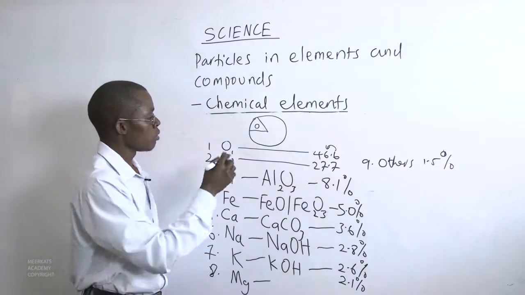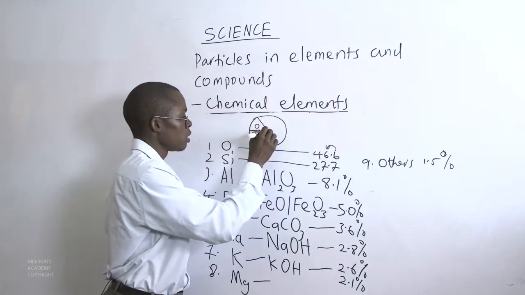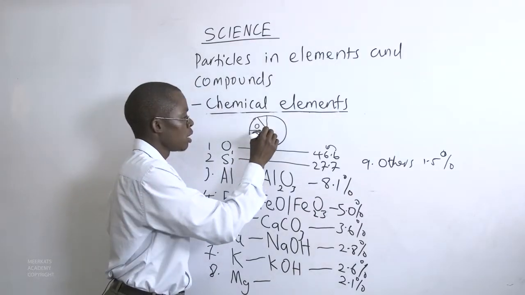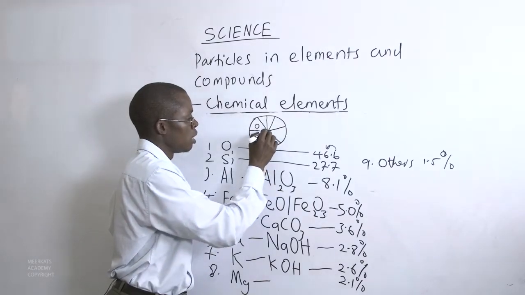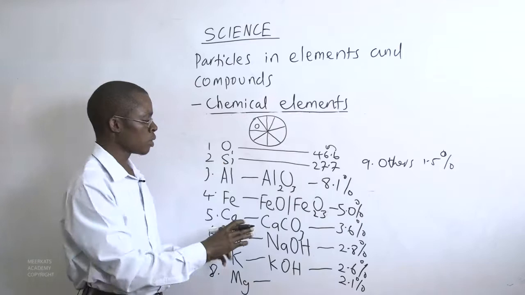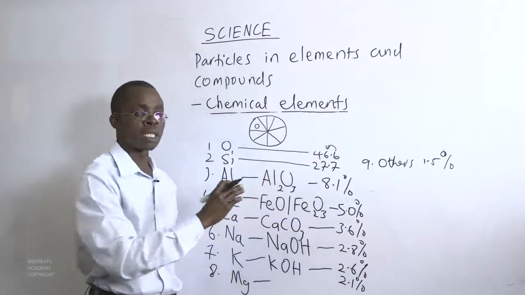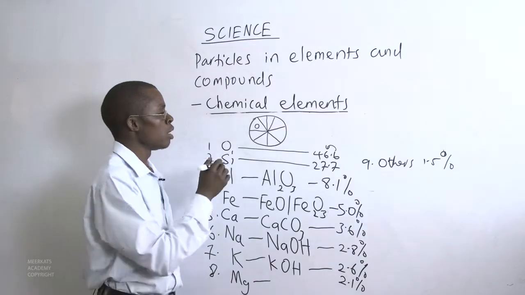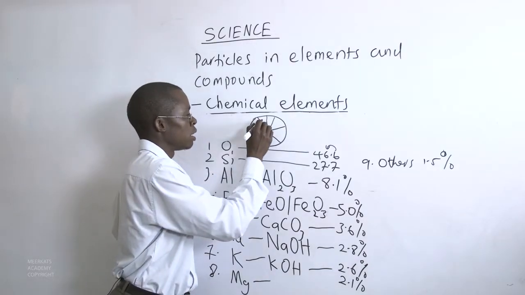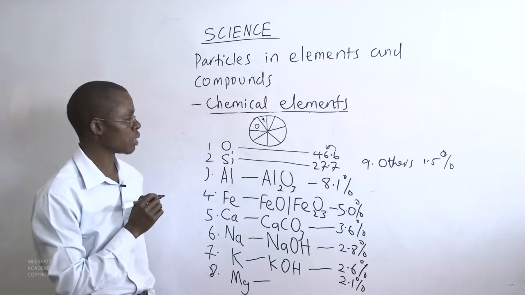As you continue, you will get silicon carries that much, and so on, depending on the levels of the degrees as you have done. Remember, the last one, which should be the smallest, will be others. This is our number 9, the others.